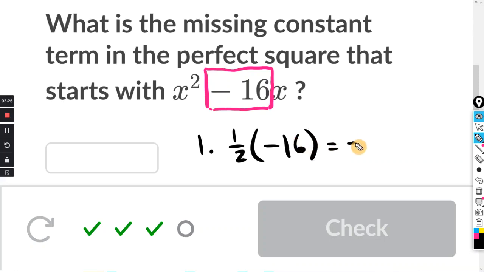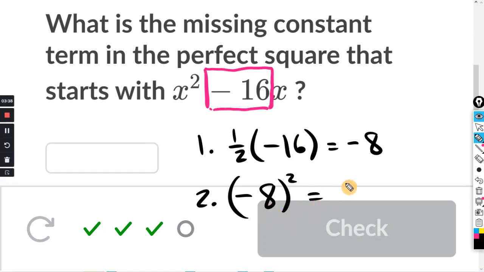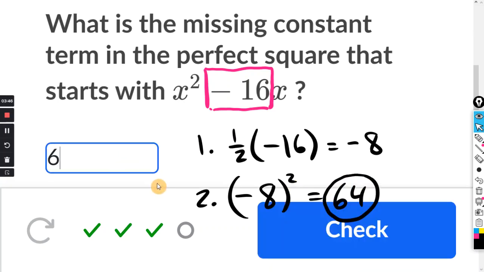And that is going to be negative 8. Step 2 is to square it. Okay, make sure you use parentheses and square it. That's negative 8 times negative 8, which is 64. Final answer. So just click in the box and type 64.